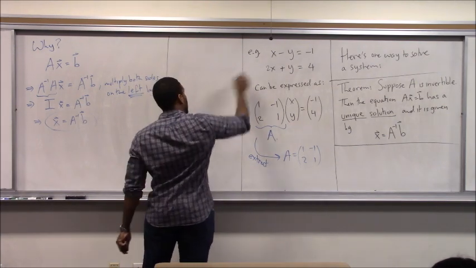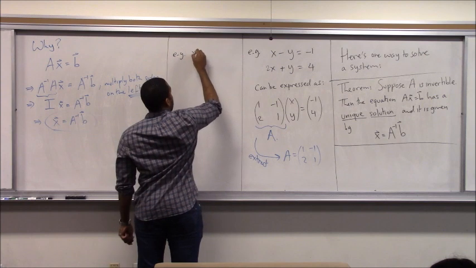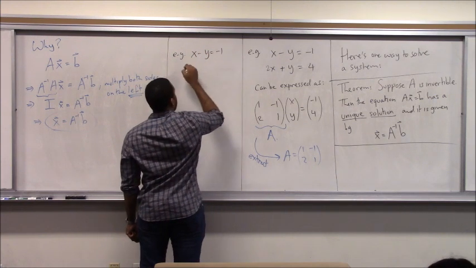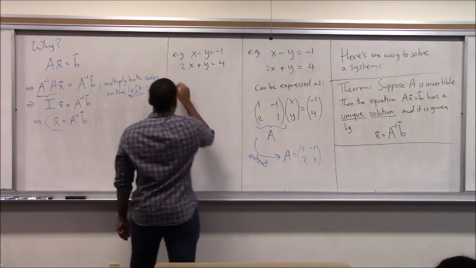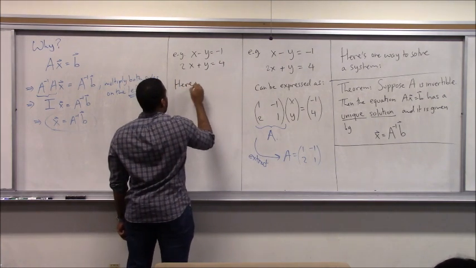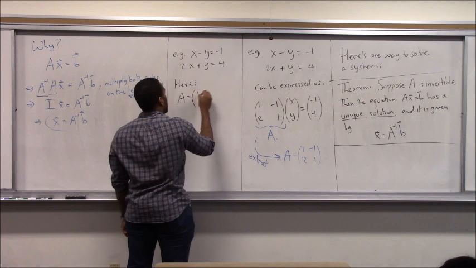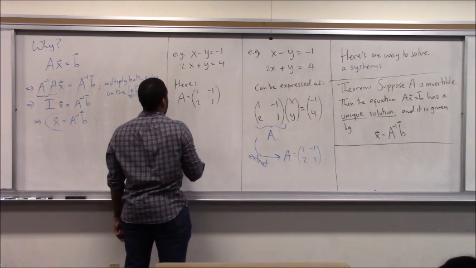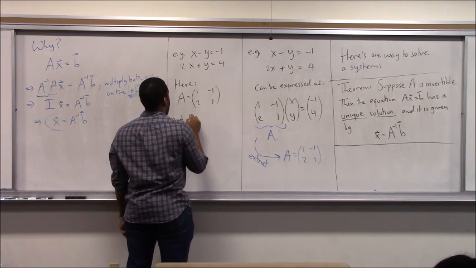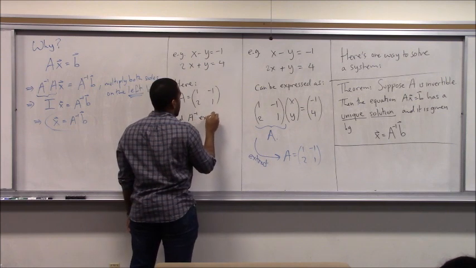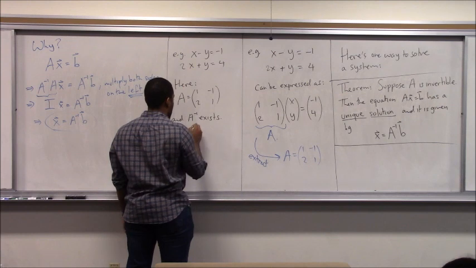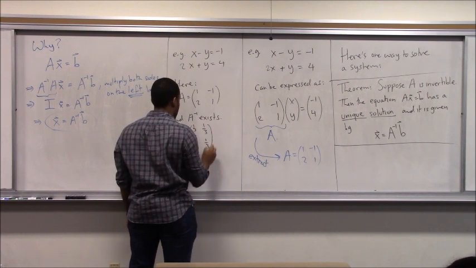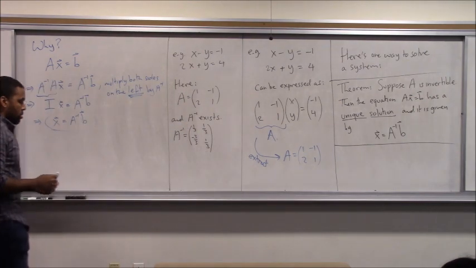Let's actually put this in action on this little system. Here, of course, A is 1, minus 1, 2, 1, and A inverse exists. In fact, we found it, right? We know that A inverse was 1/3, minus 2/3, 1/3, 1/3. We found that before.